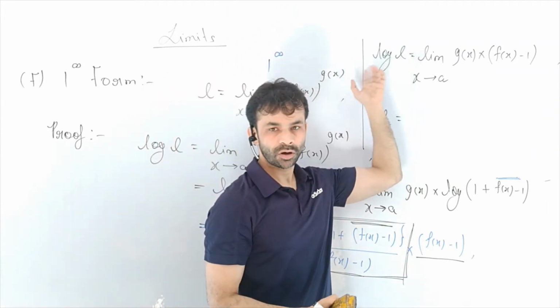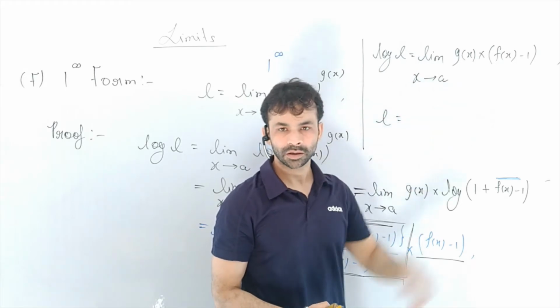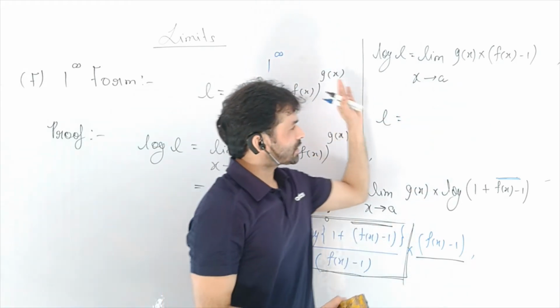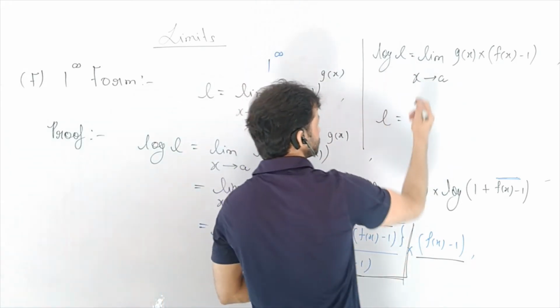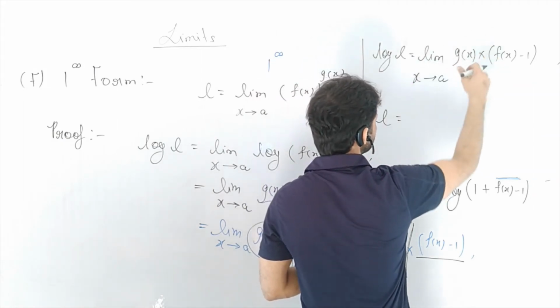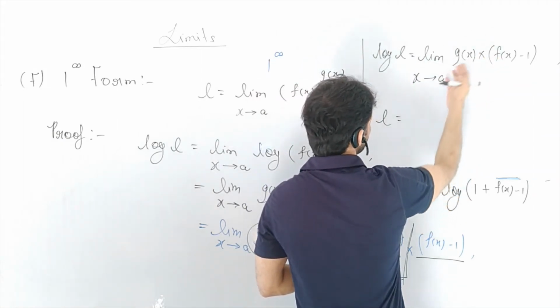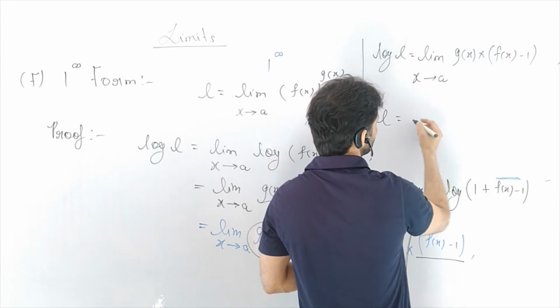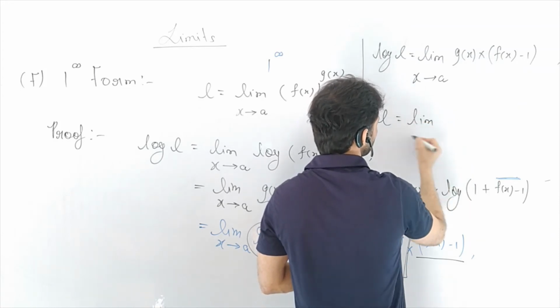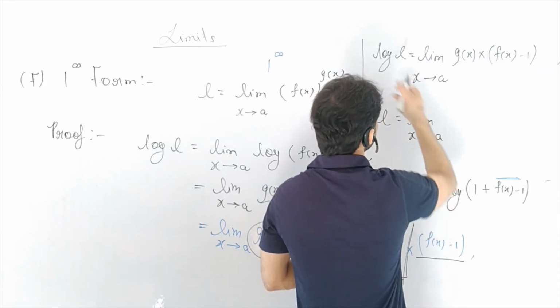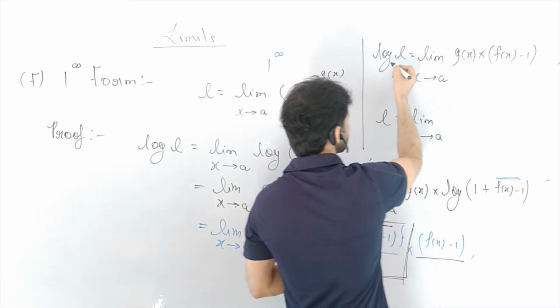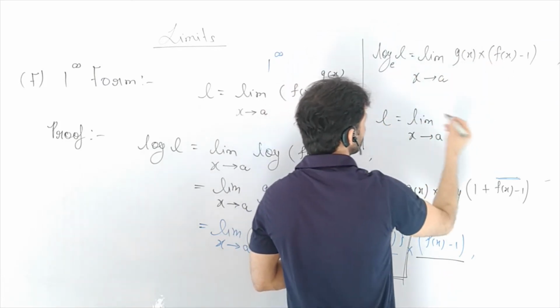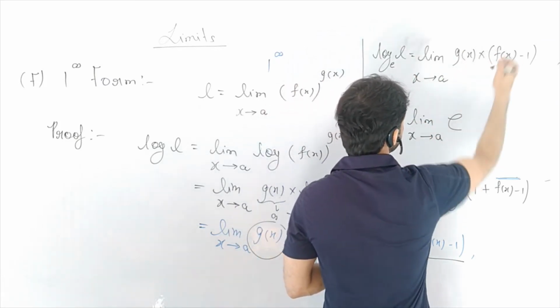To remove this log, we'll take antilog. So taking antilog of this, what will we get? e to the power this. Limit you can write anywhere, so I will write it outside. So e to the power, base is e, obviously, natural log this is, e to the power this thing.